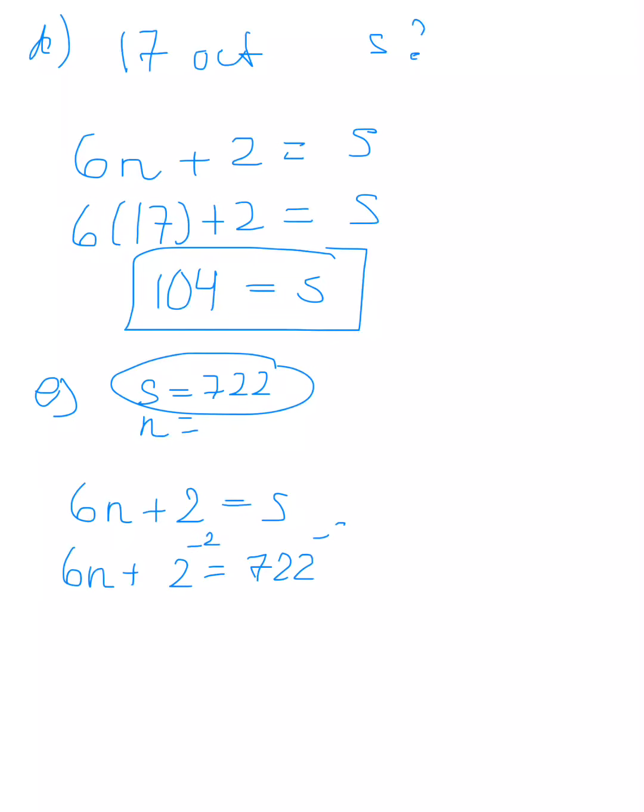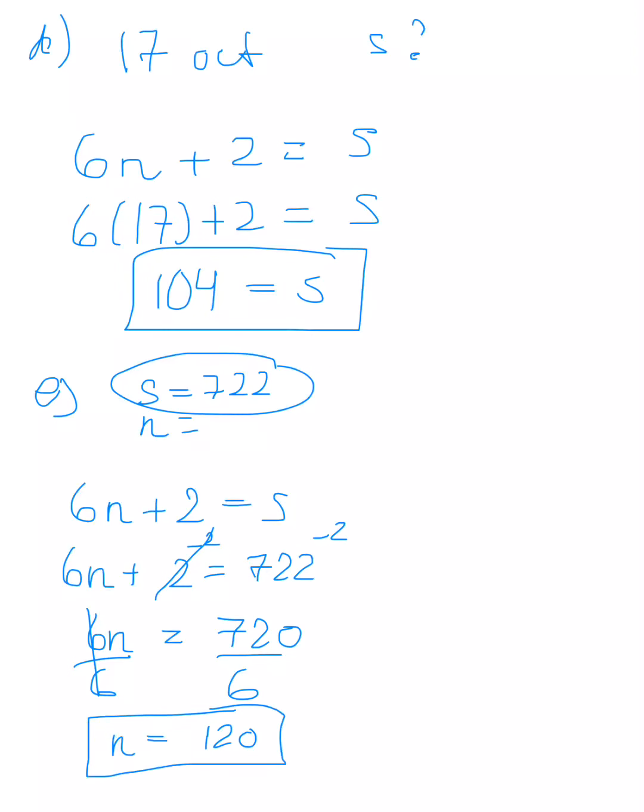Minus 2, 6N equals 720, divide both sides by 6, and I get the number of octagons would be 120. So if we had 120 octagons lined up in a row, the entire figure would have 722 sides.